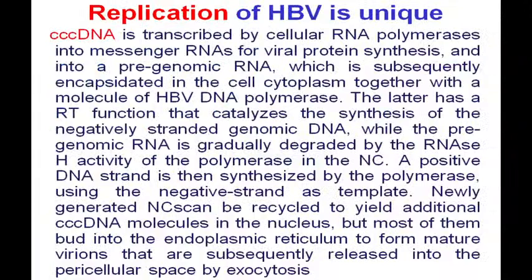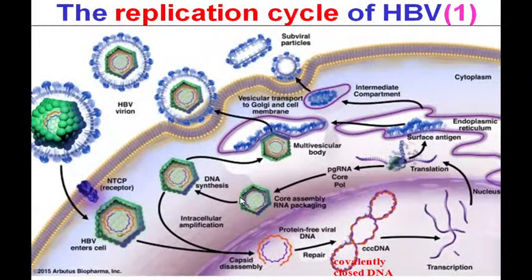So then, as soon as this core with the nucleic acid is formed, this RNA will be immediately transcribed with the help of RT, reverse transcriptase, which is the polymerase of hepatitis B virus, into DNA. Because it is positive sense pregenomic RNA, the minus sense DNA will be completely built in the capsid.